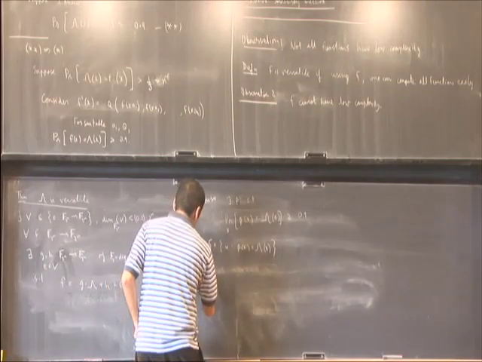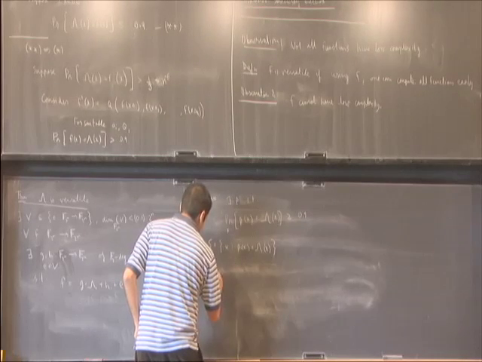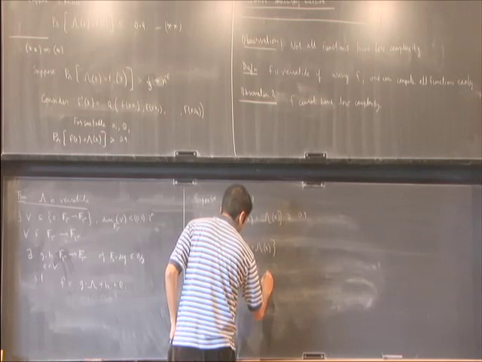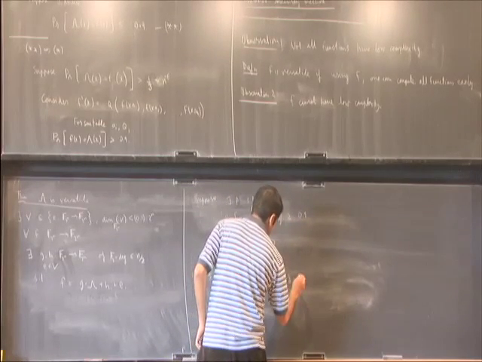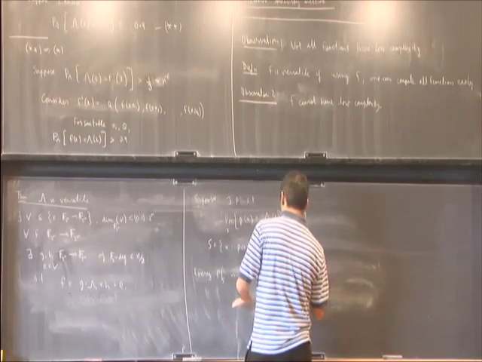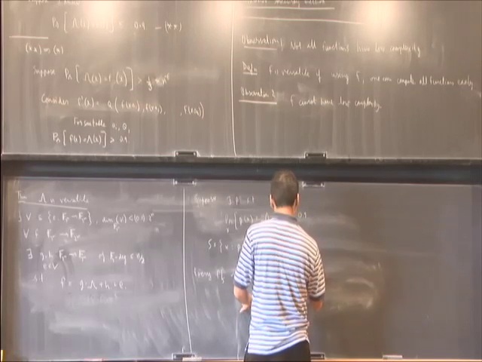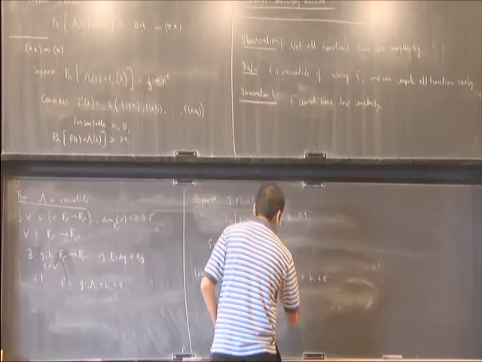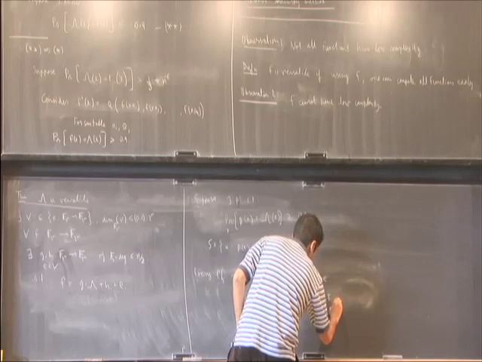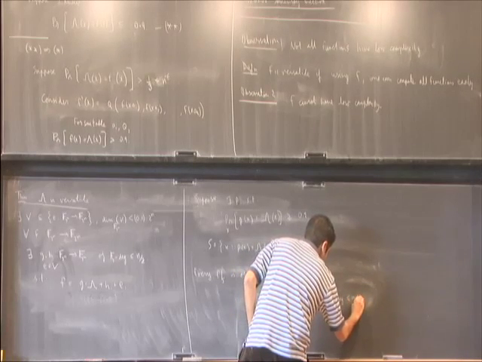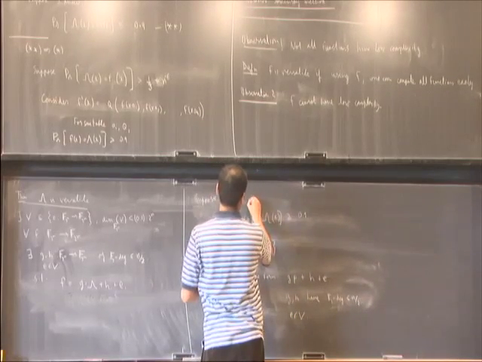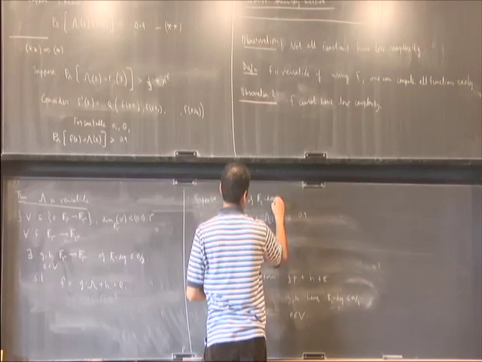So the conclusion is that every f restricted to S is of the form g times p plus h plus e, where g and h have low F2 degree and e is in V. And suppose there was a p of low F2 degree.